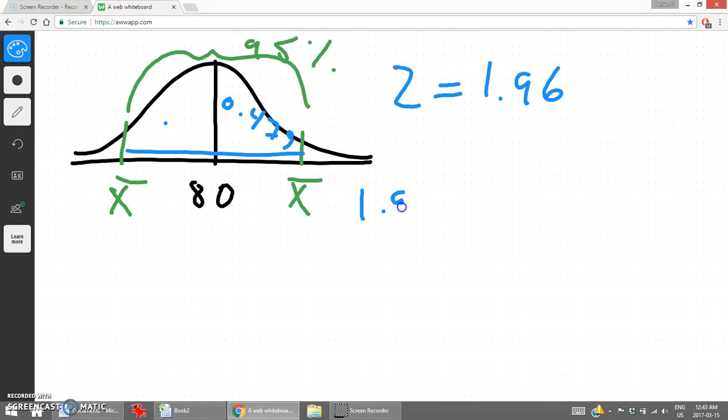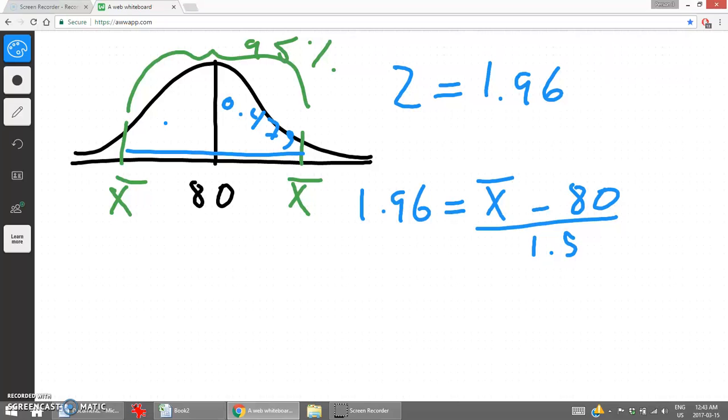So 1.96 is going to equal the sample mean minus the population mean, divided by our standard error of 1.5. The upper limit becomes a value of 82.94.